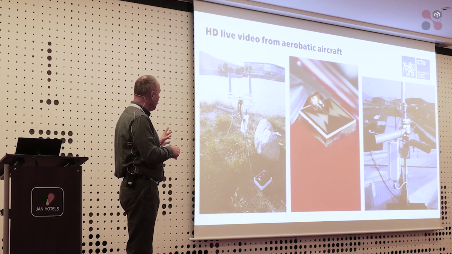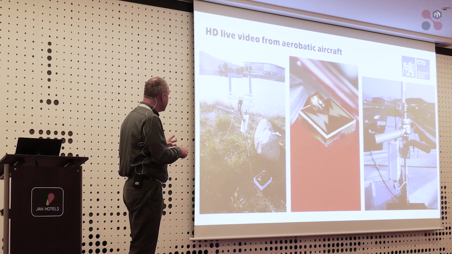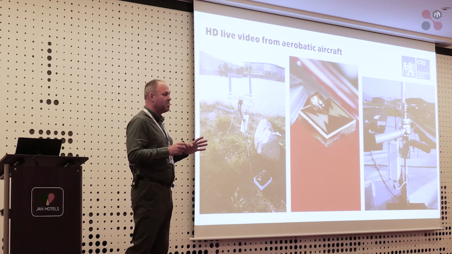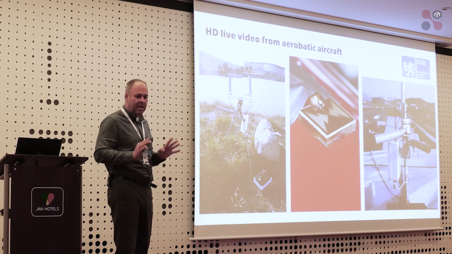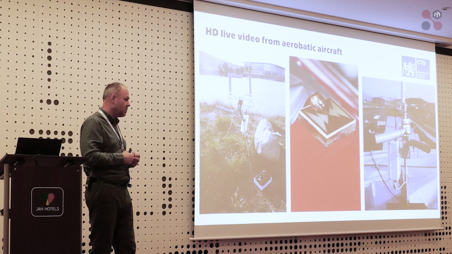However, I needed the signal to go from here. This is from the aircraft, obviously, and I needed to send it somewhere. So I ended up with this. I asked, can I put it on the top of the tower? That would be very good. No, it's a control tower. But there is no one there, and you have a second one. By the way, why do you have a second one?